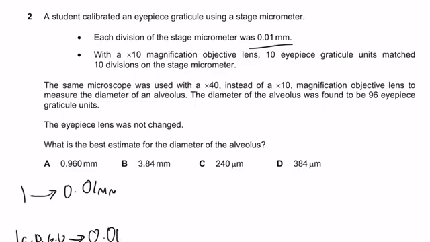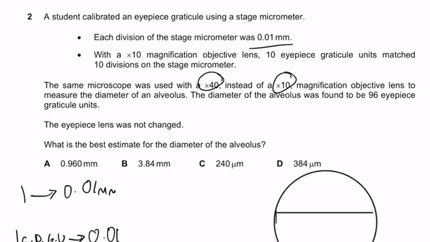Alright, but now you change that from times 10 to times 40. So basically, imagine what we would see: it used to be 1, 2, 3, 4, 5, 6, 7, 8, and so on, occupying this same number, right? But now you change the magnification, so we literally zoomed in.